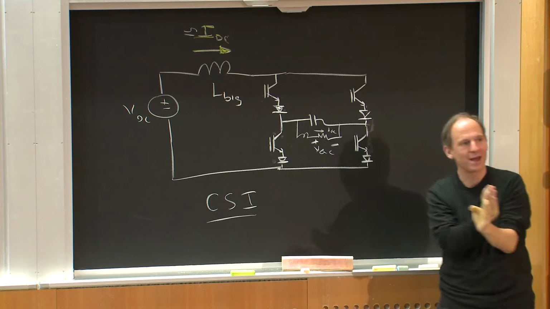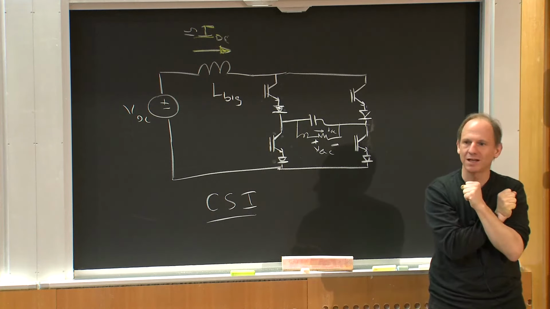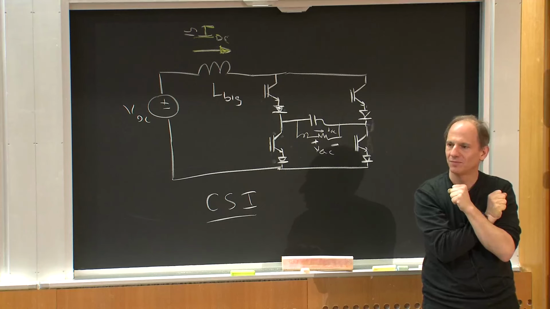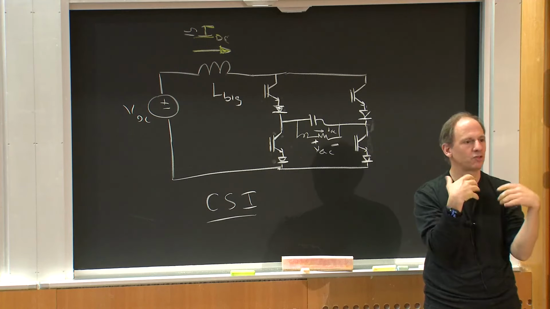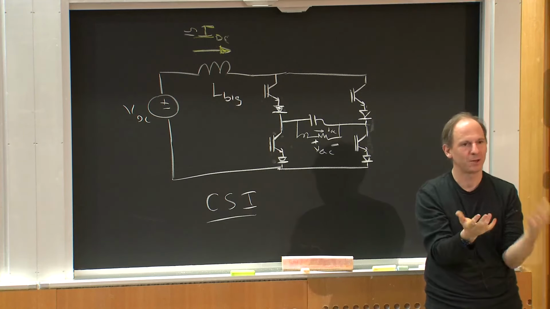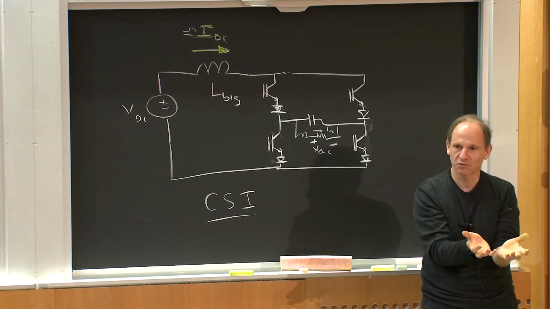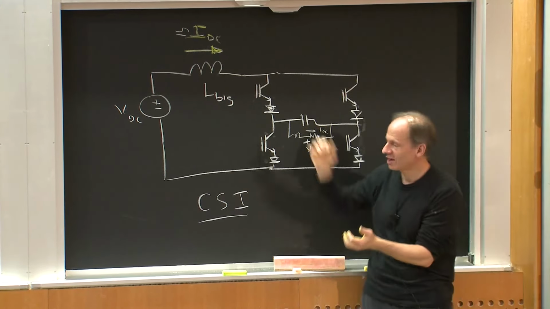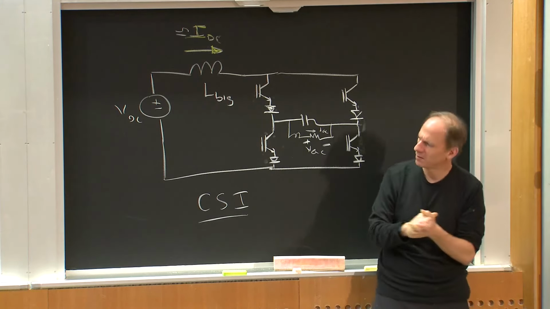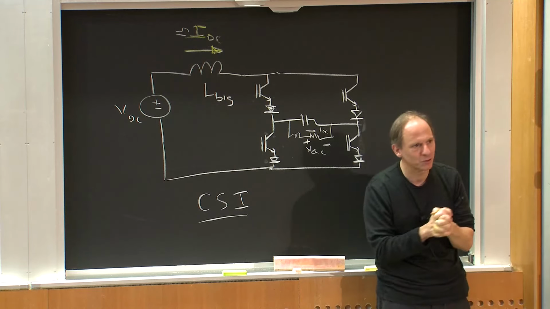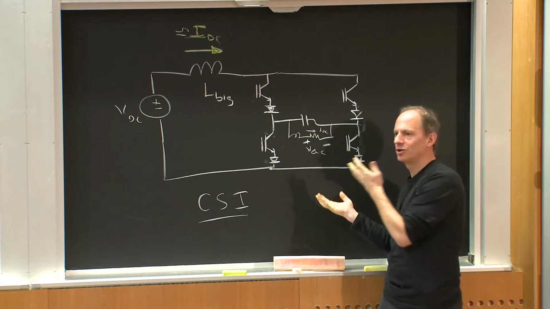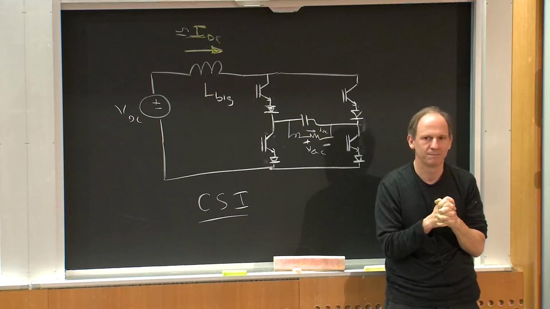So I have overlap in my switch on times instead of dead time, okay? But you can apply all the same concepts I talked about for synthesizing pulsed voltage waveforms to synthesize pulsed current waveforms. We'll spend most of our time talking about voltage source inverters, but I just wanted you to know there are other ways to play these games.